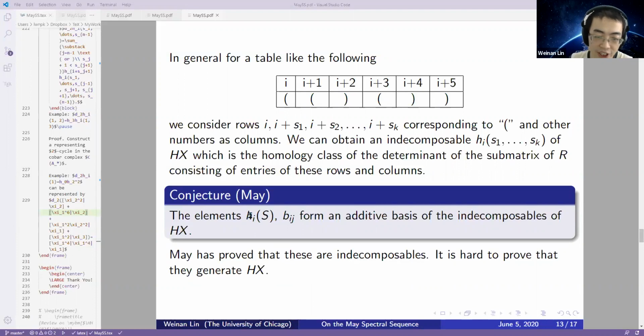Although we conjecture, if you read May's thesis, or if you have done a little bit of this computation, you strongly believe that this conjecture is true. At least May has verified this conjecture up to stem 164, and stem is t minus s, where t and s are two of the gradings.